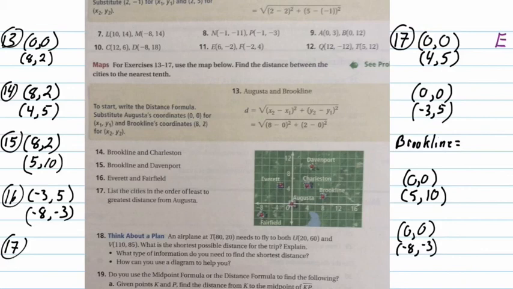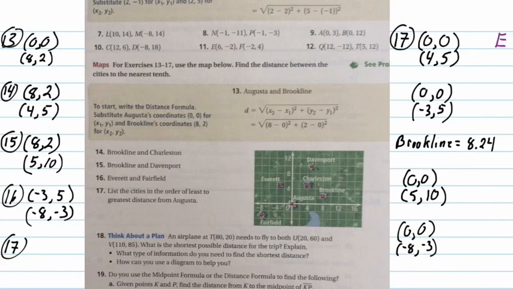What did we get for Brookline? Before we get too far, what did we get for 13? 8.24. Okay. I would say the next one would be what?